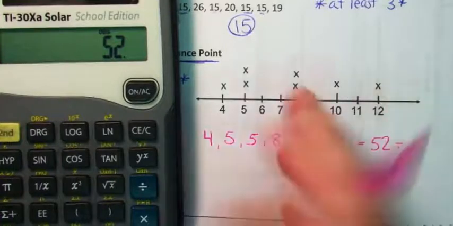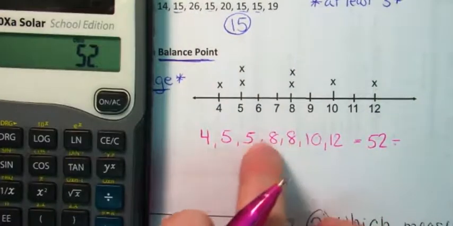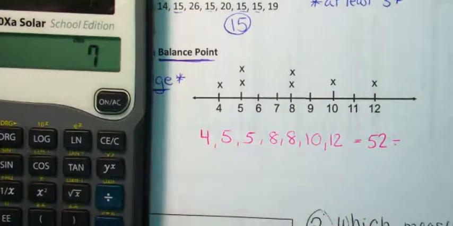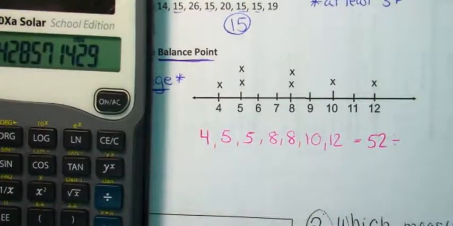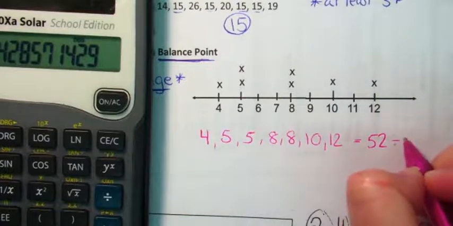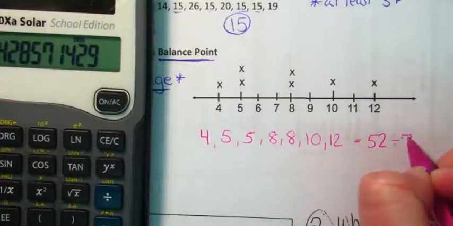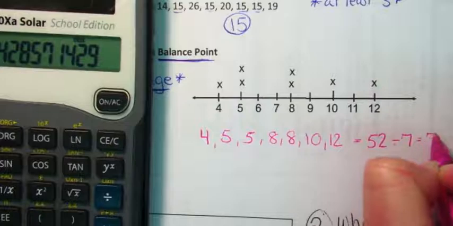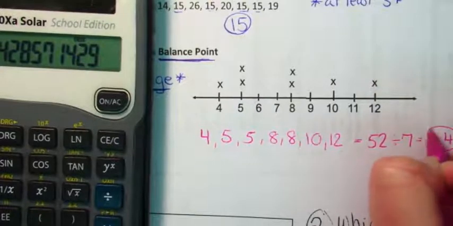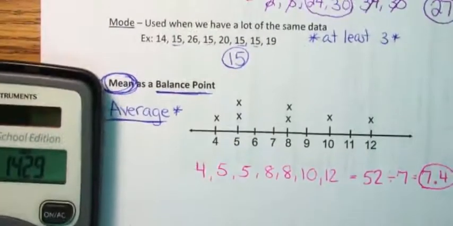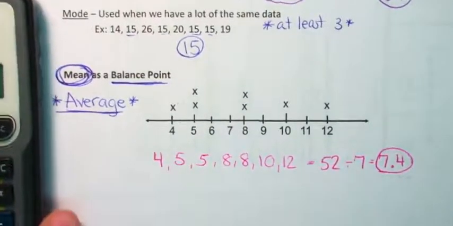And 52 divided by 1, 2, 3, 4, 5, 6, 7 gave me a 7.4. So not the best, but that'll be okay. We said decimals are not bad. And I'm sorry I give you one that won't be perfect, but we could still do it.